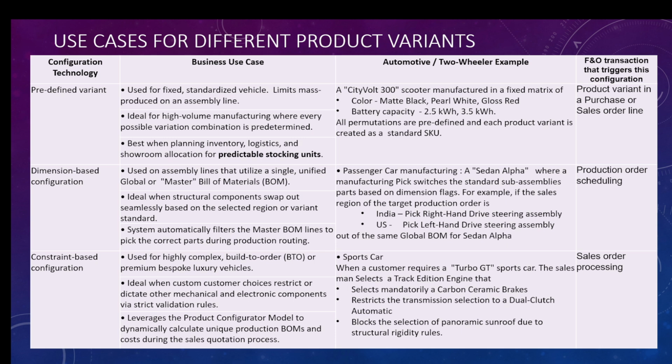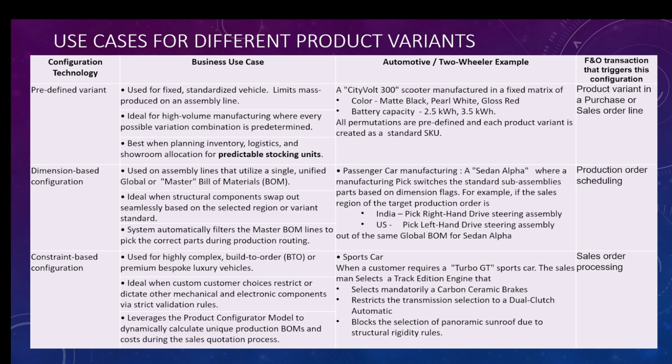Okay. Now the next point is that it also blocks. For example, when I want to buy a Turbo GT, it blocks the selection of a sunroof for my car because it is against the rule for a Turbo GT or sports car. So now look at it. One is it restricts.